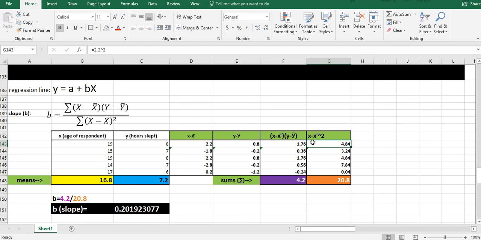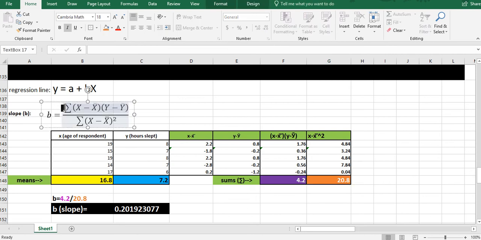Now, for the x minus x mean squared, you're just going to take this value and square it. So 2.2 squared is 4.84. Negative 1.8 squared is 3.24, and so on and so on. Okay, and once you have these values, just add them up, auto sum, 4.2 and 20.8.